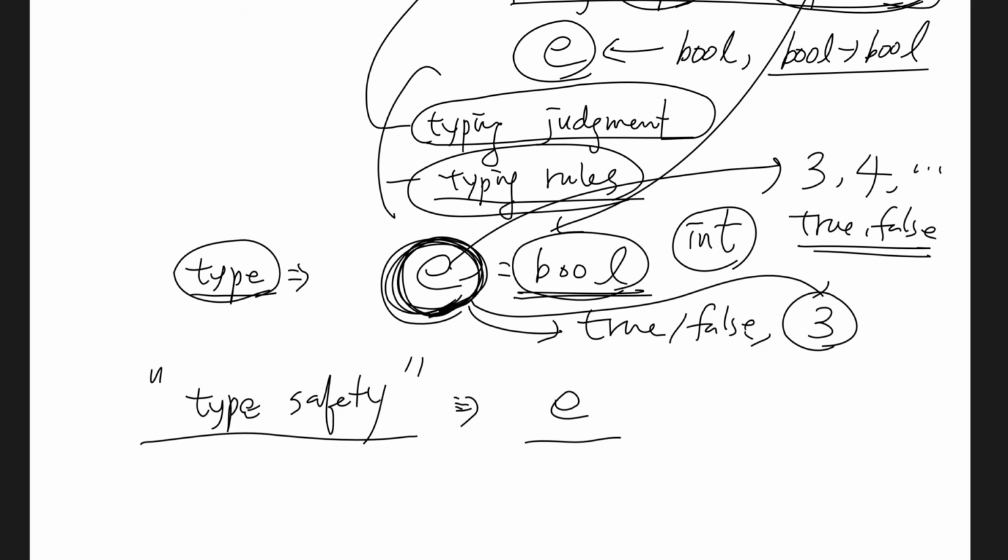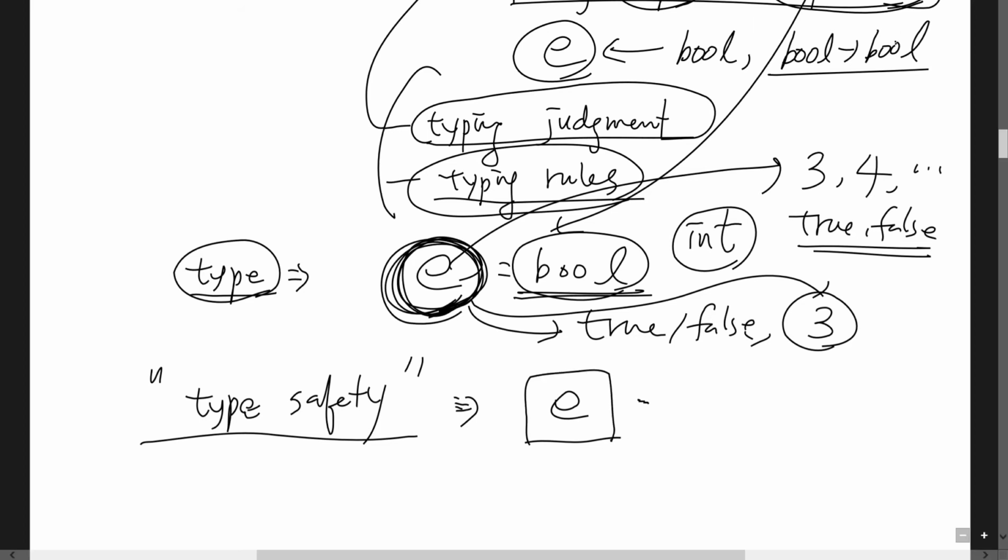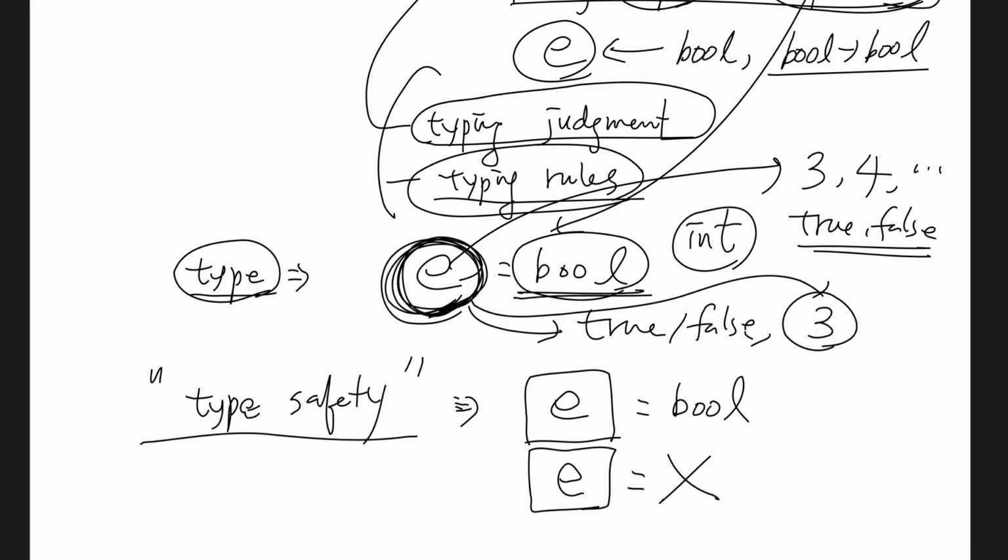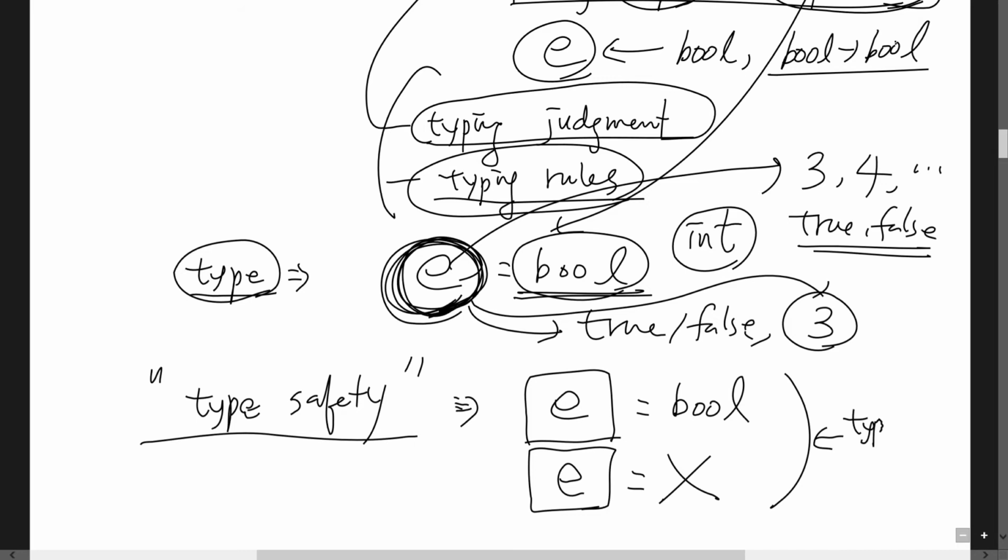Then the type system might answer, okay, this expression E can be assigned the type bool. Or the response might be, no, this expression is bad. You cannot assign any interesting type to this expression. So the type system can answer like this one or this one.